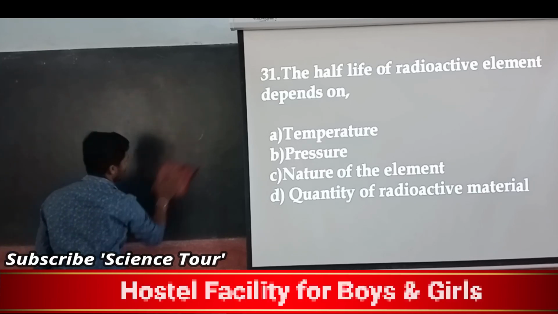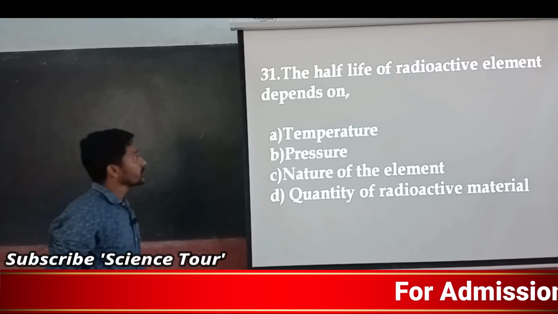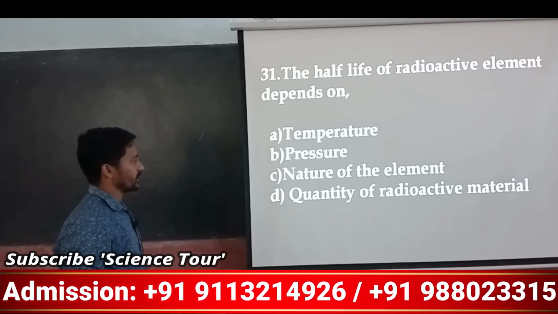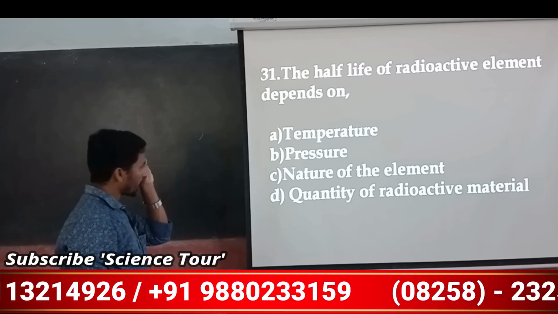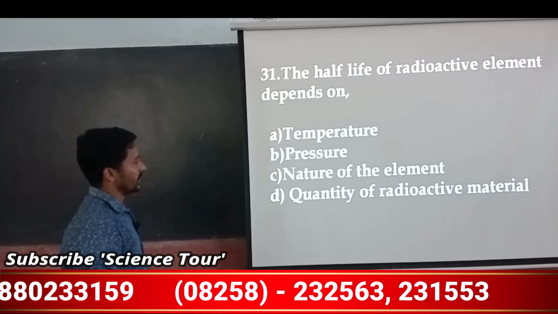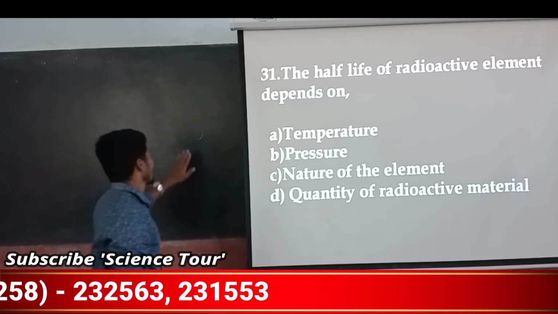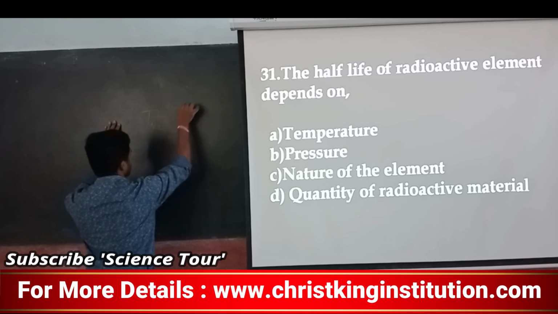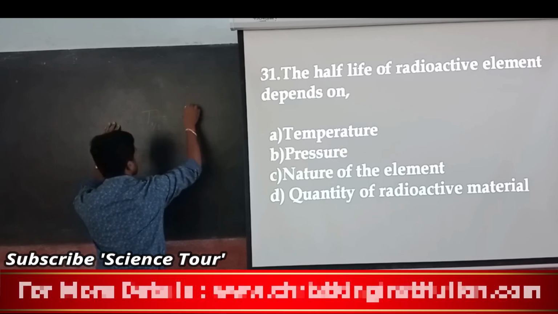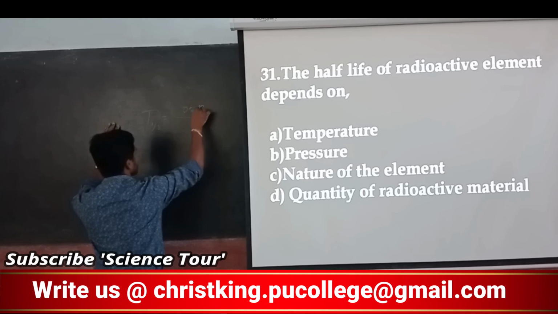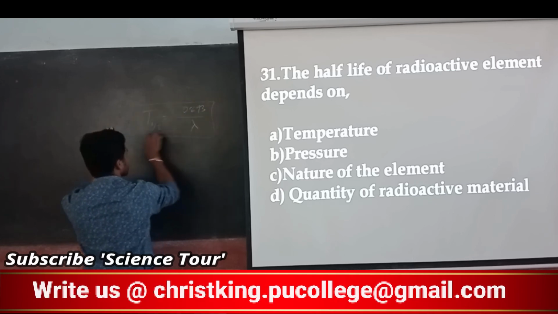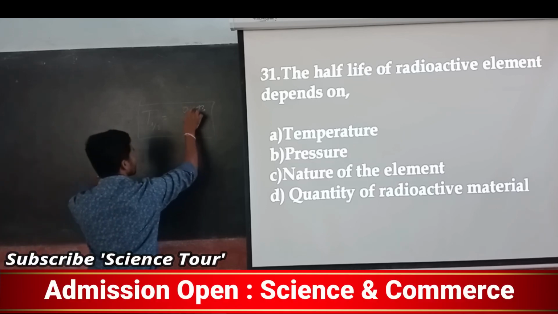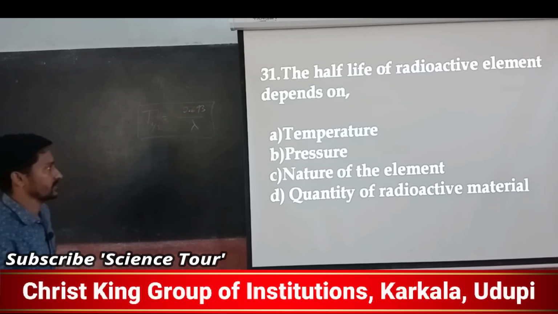Now, the half-life of a radioactive substance depends on temperature, pressure, nature of the element, or quantity of radioactive material. What is the formula for half-life? Half-life is 0.693 divided by lambda.